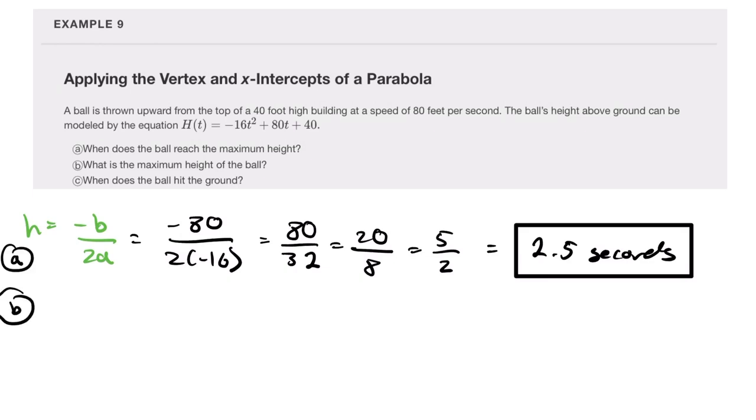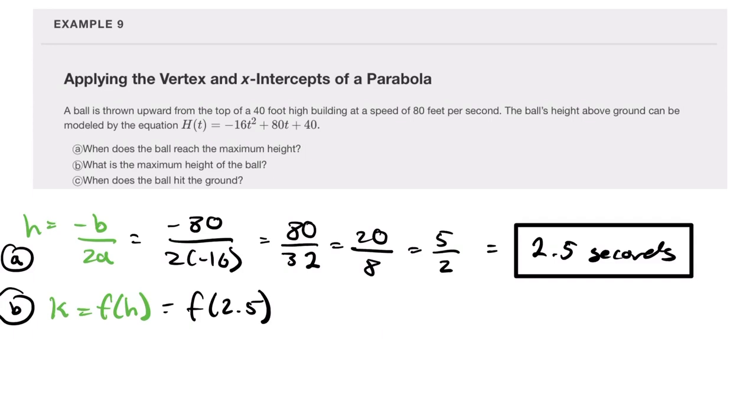Part B, what is the maximum height? So then they're basically asking for the k, which is going to be equal to f of h. So that's going to be f of 2.5. I think I'm going to just try to use my calculator. Siri, what's negative 16 times 2.5 times 2.5 plus 80 times 2.5 plus 40? Darn.